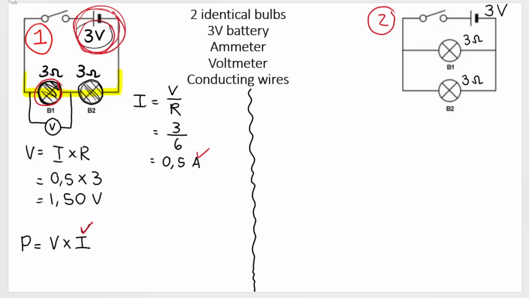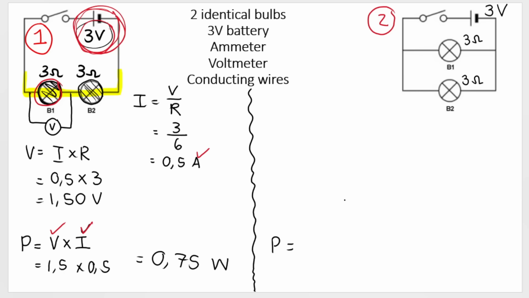Okay, cool. So now we know the voltage and we can work out the power of one of the light bulbs. It'll be 1.5 times 0.5, and we get 0.75 watts.